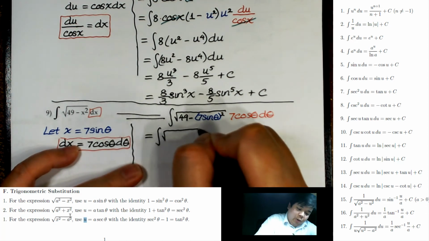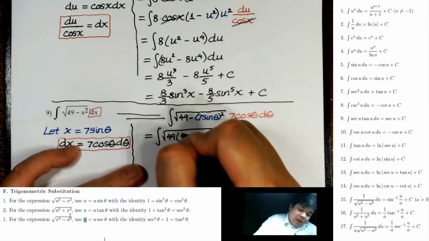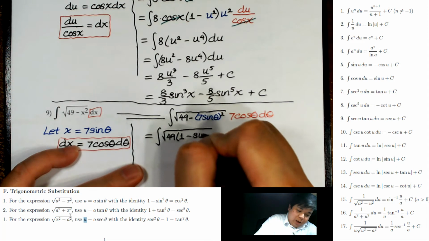So we have 49. 7 squared is also 49, so we can factor out 49, giving 1 minus sine squared.